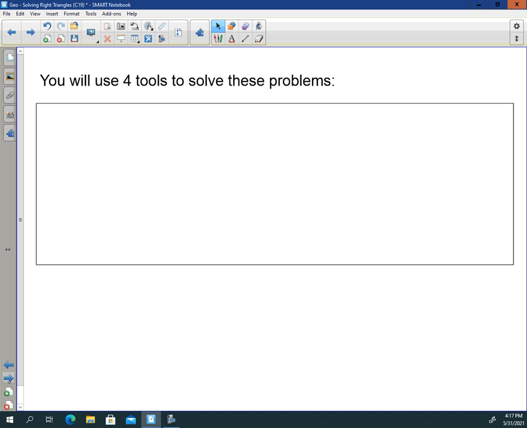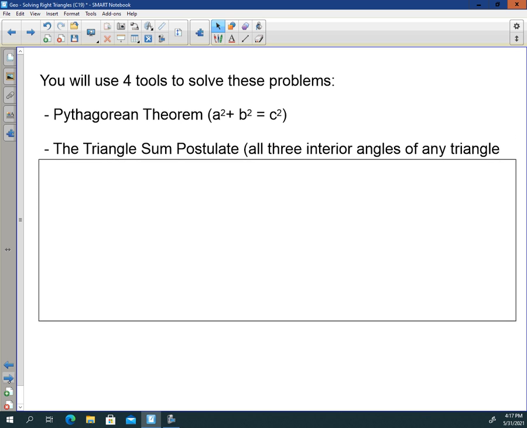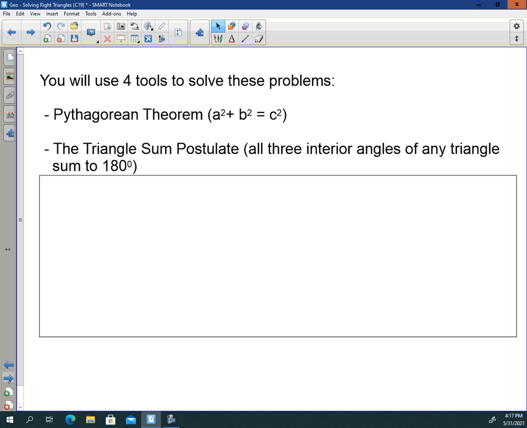So in order to solve a right triangle, you're essentially going to be using four tools. You won't necessarily use all of them, but these are the four that you will choose from. The first thing is the Pythagorean theorem. If you know two side lengths of a right triangle, you can always find the third because you can plug them into the Pythagorean theorem. You're also going to use the triangle sum postulate, which says all three interior angles of any triangle sum to 180.